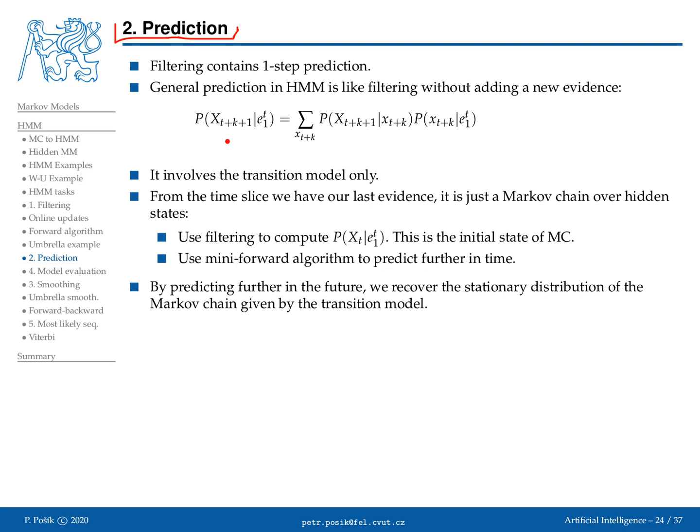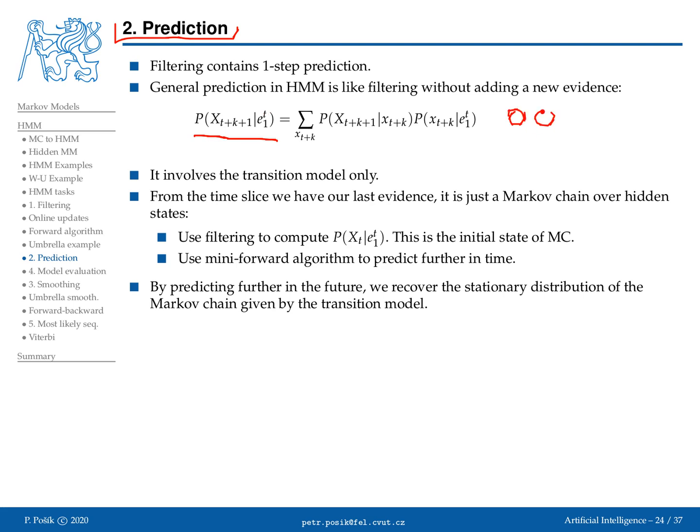And as you can see, the prediction is basically defined as estimating the probability distribution at some future time, if t denotes the current state, given the observation sequence from time 1 to the current state.